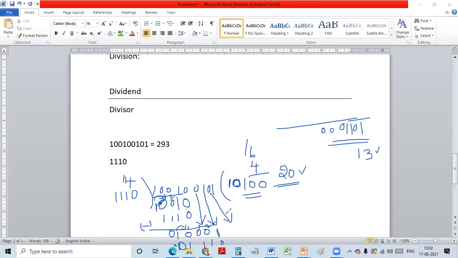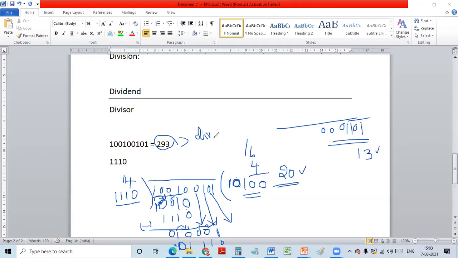So while doing this, what are the observations? The number of digits in your multiplier and divisor, and the number of digits in your dividend, obviously it should be more. First condition is your dividend should be greater than divisor.